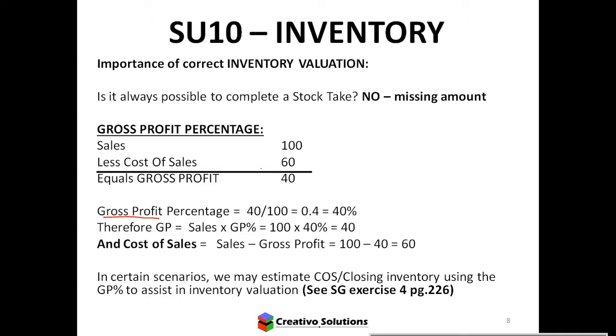This is looking at incomplete records. In your study guide, the final chapter is incomplete records. Incomplete meaning you're missing information. Sometimes when you look at exam past papers, they give you missing figures, and then you've got to find the missing amount. That requires calculations sometimes, or equations.